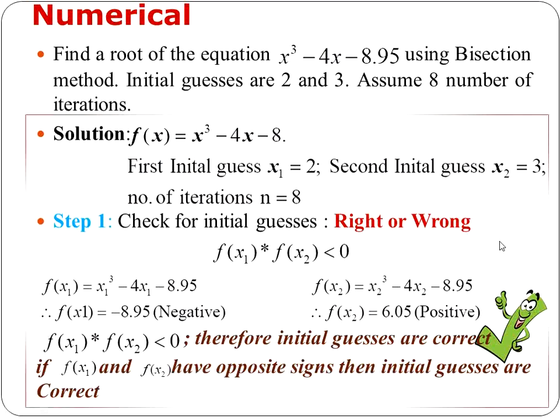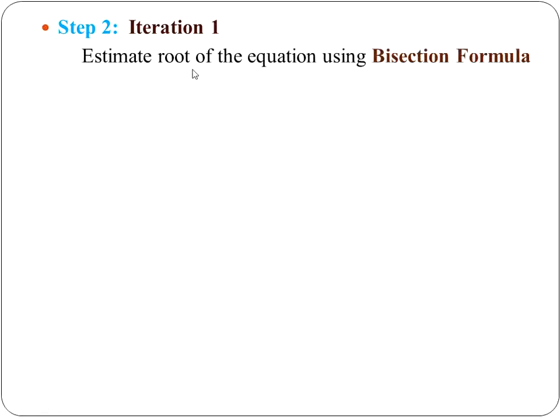In step 2, we calculate the bisection, that is the midpoint, of the two initial guesses. In step 2, we also start the iterations, because we have to make 8 iterations. So in iteration number 1, first find the root of the equation using the bisection formula, which we have already discussed: x3 equal to x1 plus x2 upon 2.